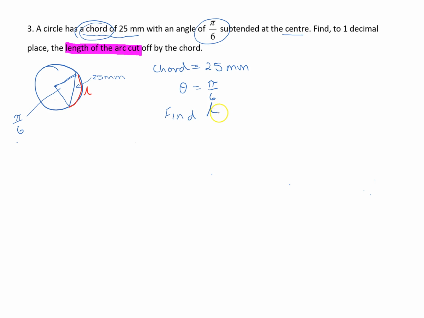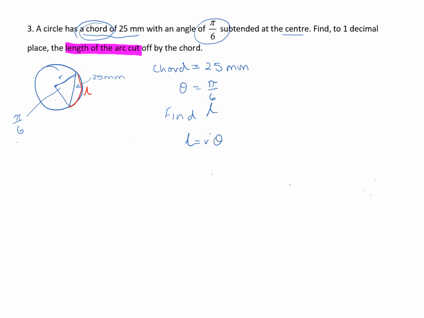Now, L, the connection I'm making is that L is equal to r theta. When I look at that, I realise I don't have r. I do have theta, but I don't have r.